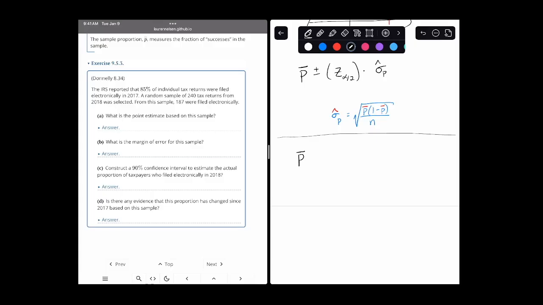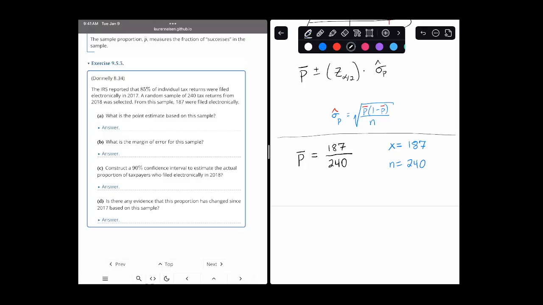In our sample, 187 of them were filed electronically, and there were a total of 240 in our sample. Here, x is the number that were filed electronically, that's the 187, and n is the 240, so our sample proportion is x over n, 187 over 240.